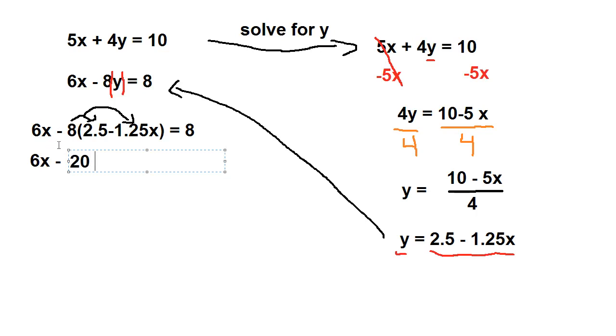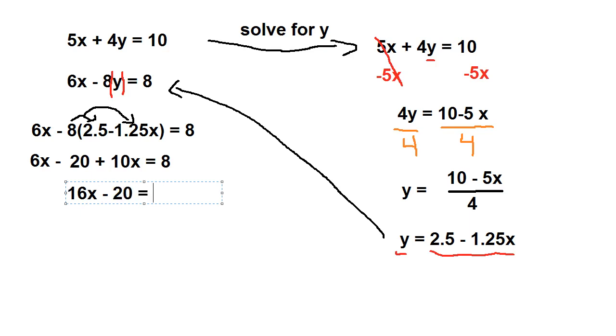And minus 8 times minus 1.25 will leave you with plus 10x, is equal to 8. Now, we talked previously about gathering like terms. 6x and 10x can be combined together into 16x, and minus 20 is equal to 8. This leaves us with an equation that we can solve very quickly.